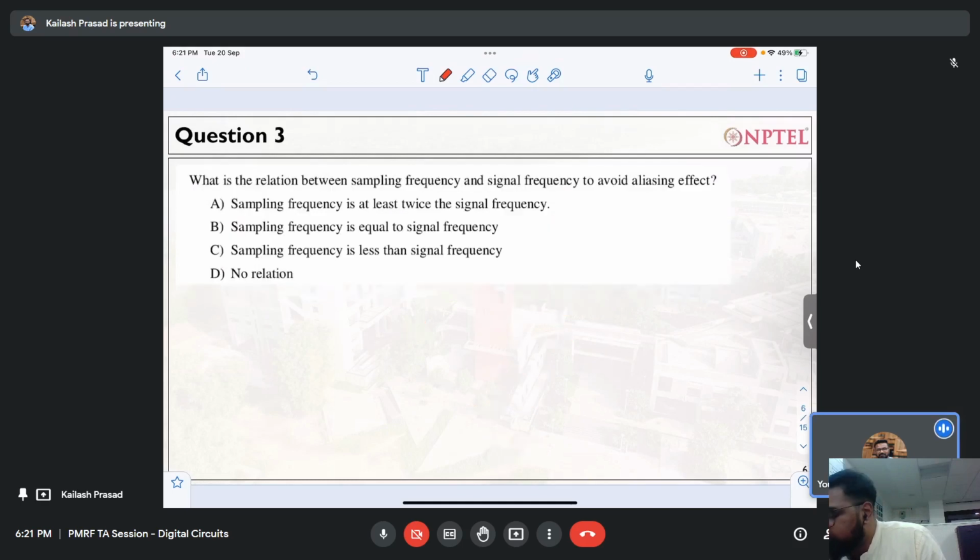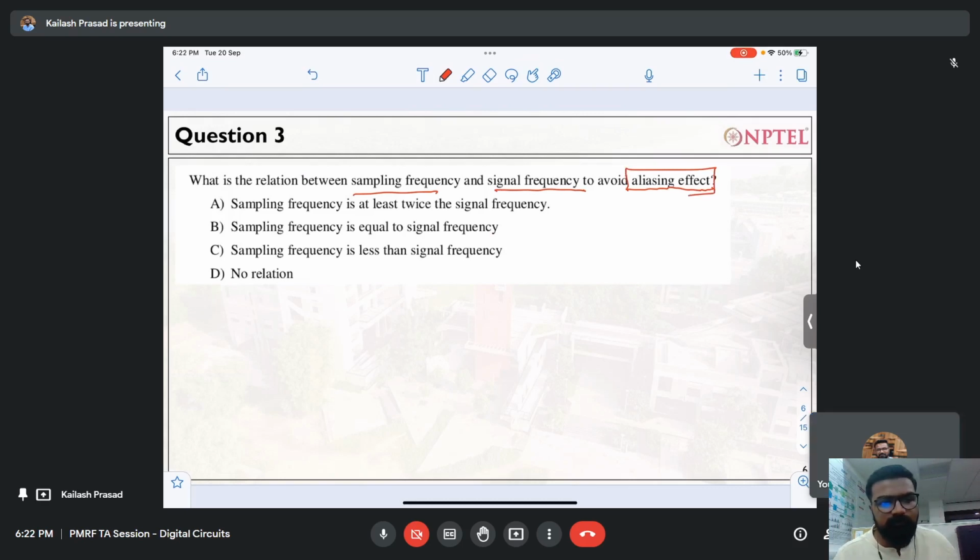In today's session, most of the questions are like that only, small numerical and theoretical questions. This is one of the important questions. What is the relation between sampling frequency and the signal frequency to avoid aliasing effect? Anybody knows the answer?